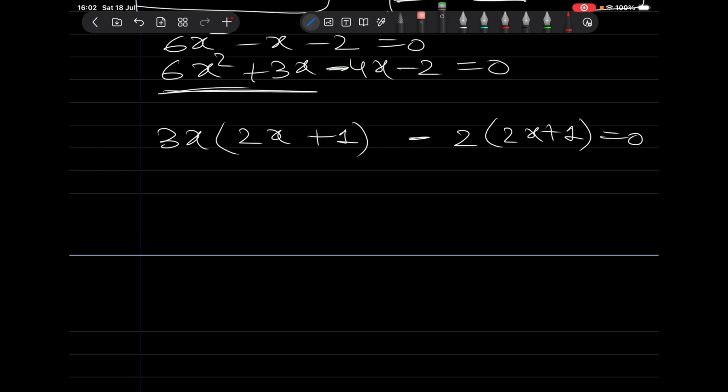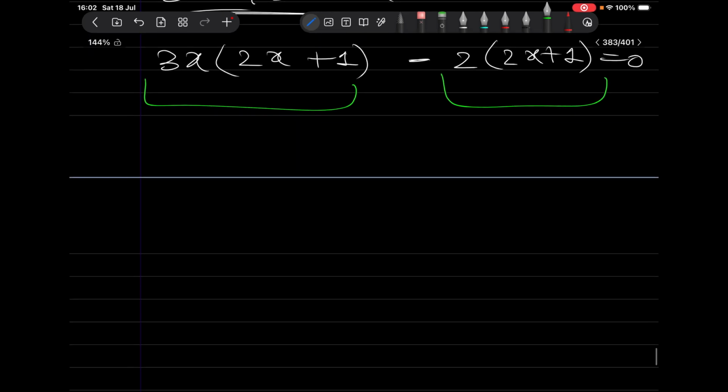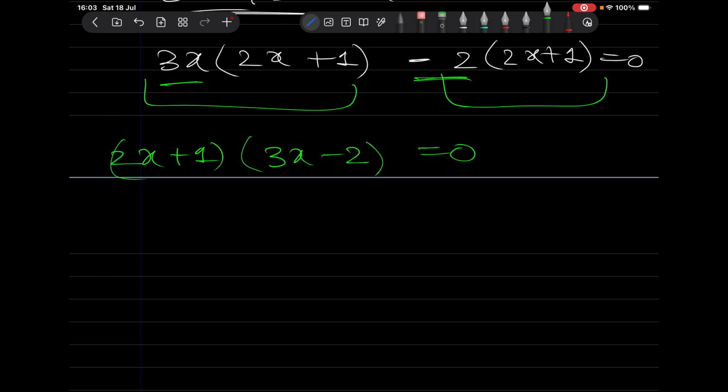Now if I check for the second one, minus into plus is minus, 2 into 1 is 2. Now if I take the common from these two terms, I can take 2x plus 1 common, remaining is 3x minus 2 equals to 0.